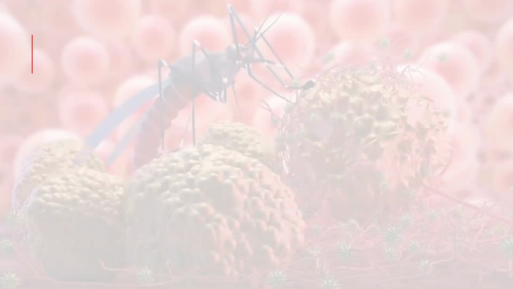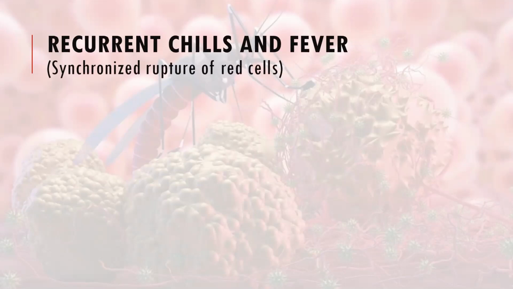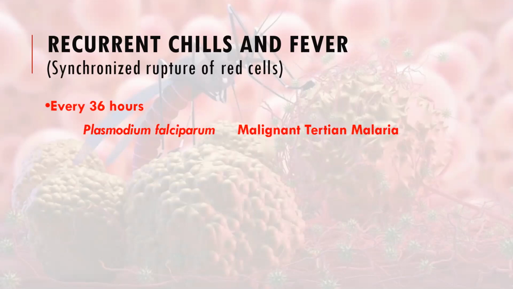Okay? Next. What do we mean by recurrent chills and fever? Recurrent, pabalik-balik, synchronized rupture of red cells. Kaya meron ganito. Every 36 hours, si Plasmodium falciparum, ano yung tawag sa kanya? Si Malignant Tertian Malaria. Every 48 hours, sino?